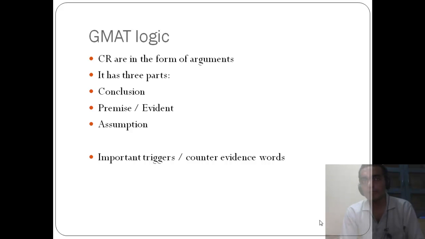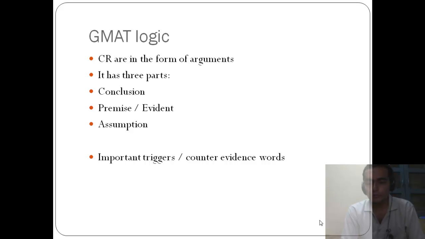Now critical reasoning questions are in the form of arguments, and an argument is like the one which goes on between people. It could be called a quarrel, or something related to lawsuits or courts. But there is some reasoning being given here. So we have 3 parts of a critical reasoning argument.